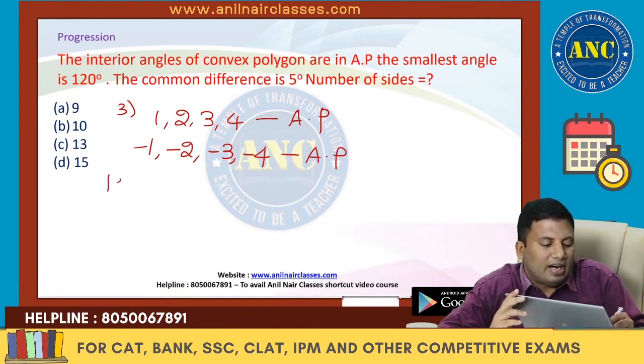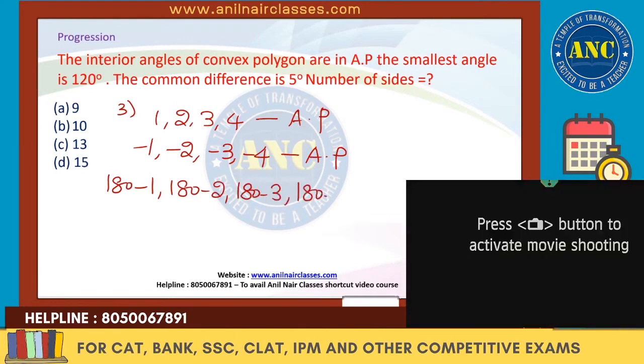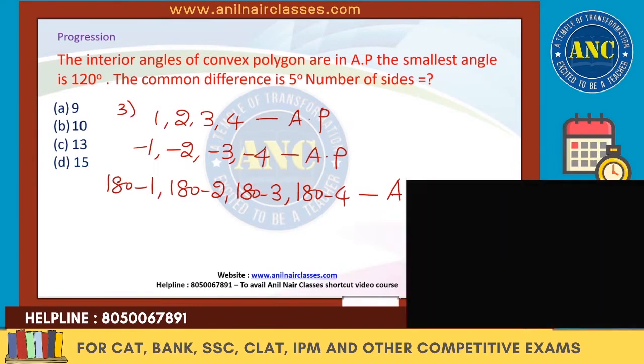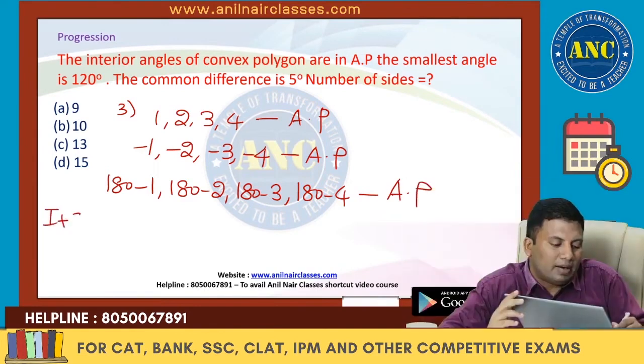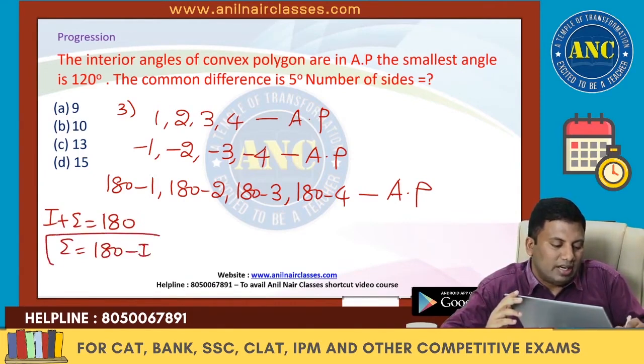If I add a value, 180 minus 1, 180 minus 2, 180 minus 3, 180 minus 4, again the series will be in AP. I hope it is clear. Now why am I doing this? Interior plus exterior is nothing but 180, so exterior is nothing but 180 minus interior.